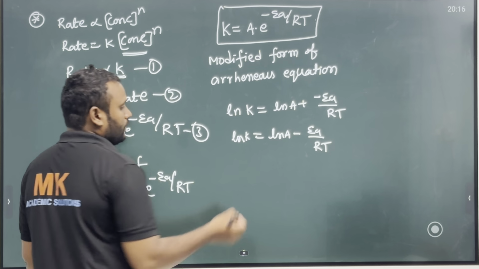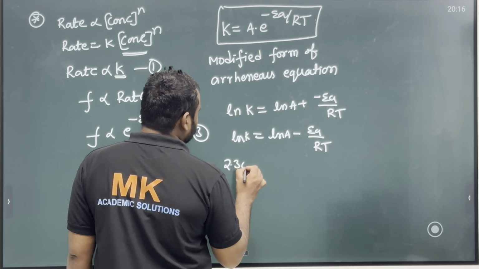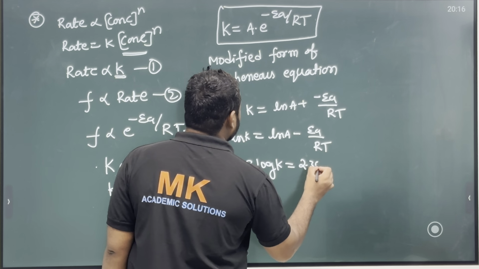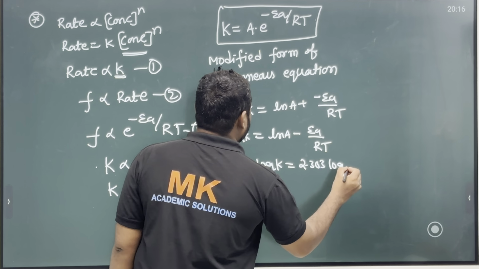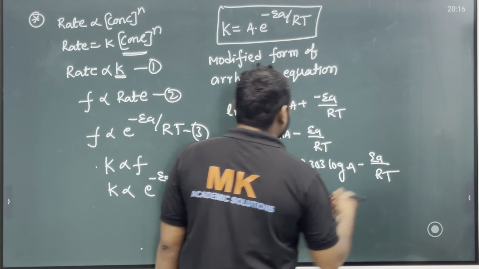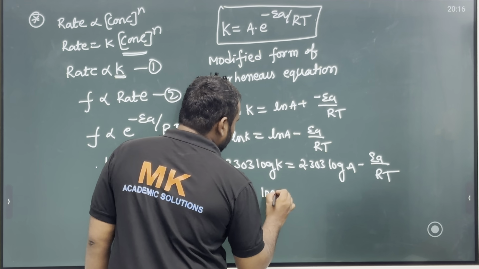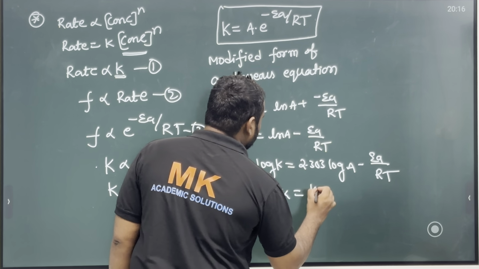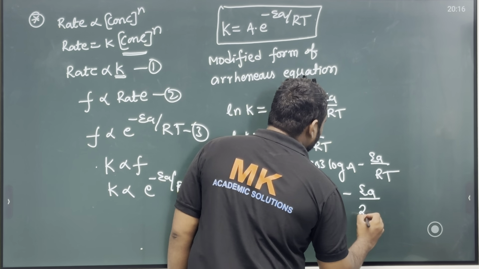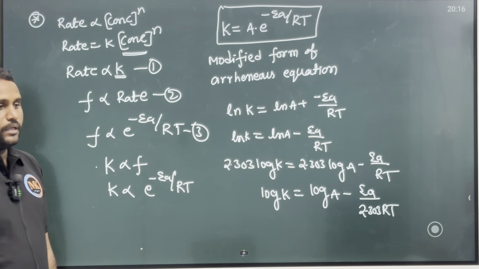When you replace ln with log base 10, we should multiply with 2.303: 2.303 log k is equal to 2.303 log A minus Ea by RT. Then you divide the total equation by 2.303, so you will get log k is equal to log A minus Ea by 2.303 RT. This is the modified form of the Arrhenius equation.